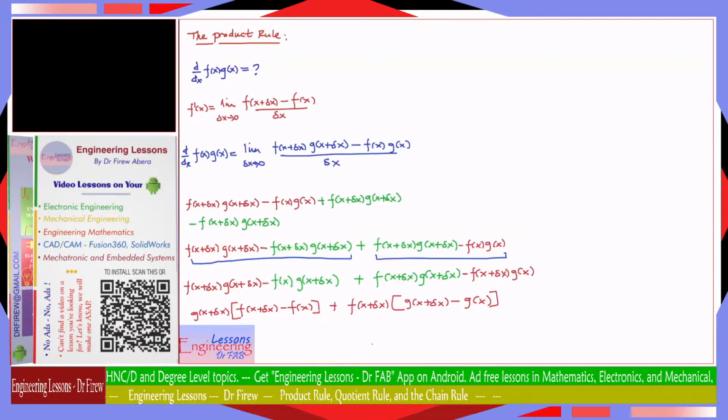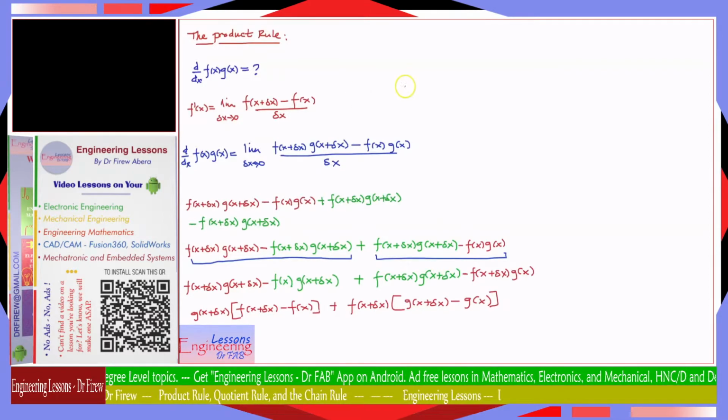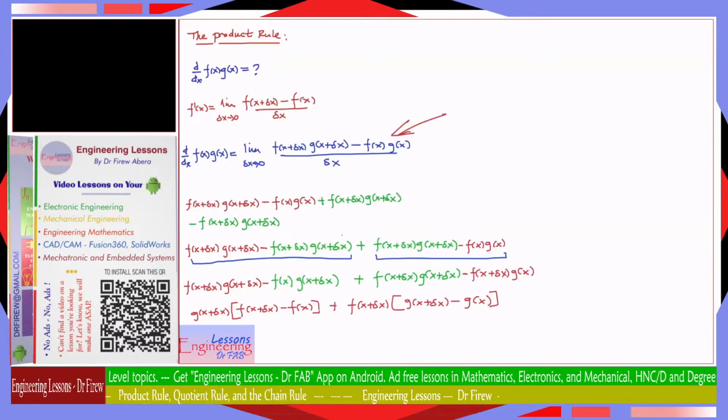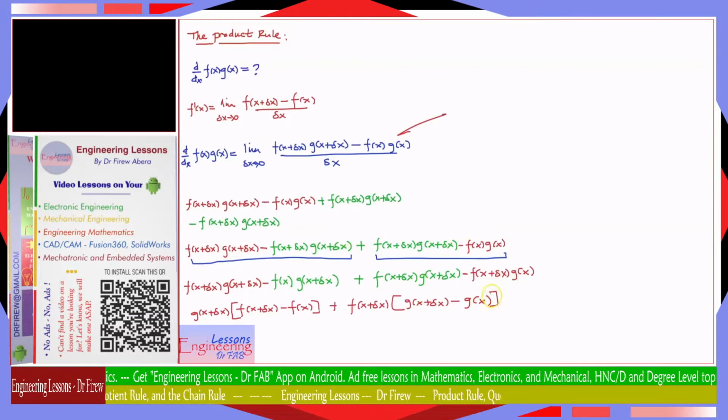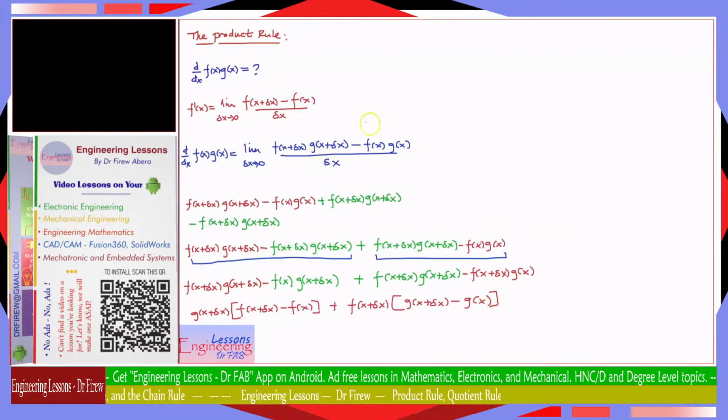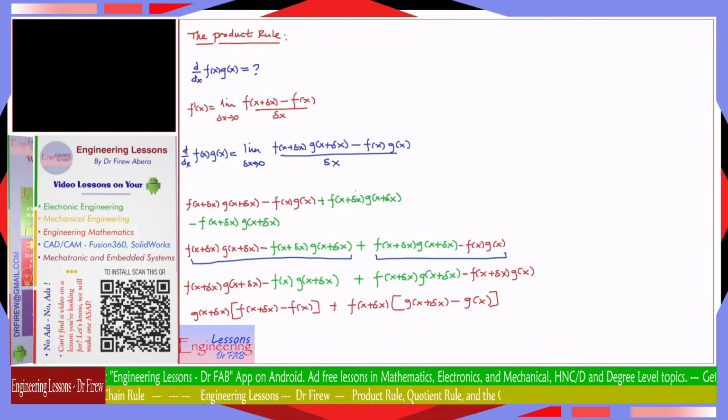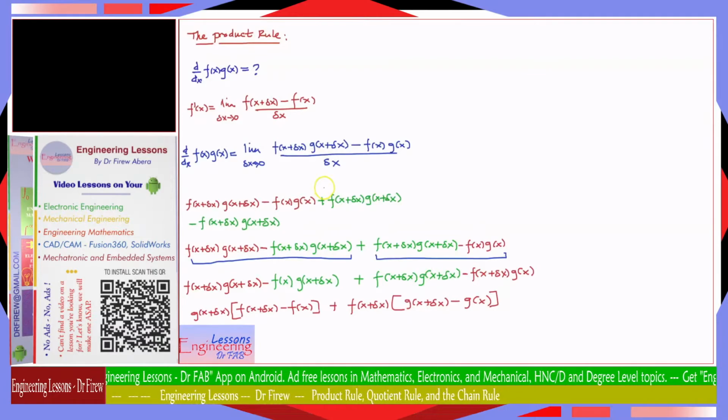Now remember, our main objective is to find the derivative of the product of functions. So we were trying to rewrite this numerator. We are successful in reducing it into a form that we can apply the principle of derivatives. So we can now plug it back.